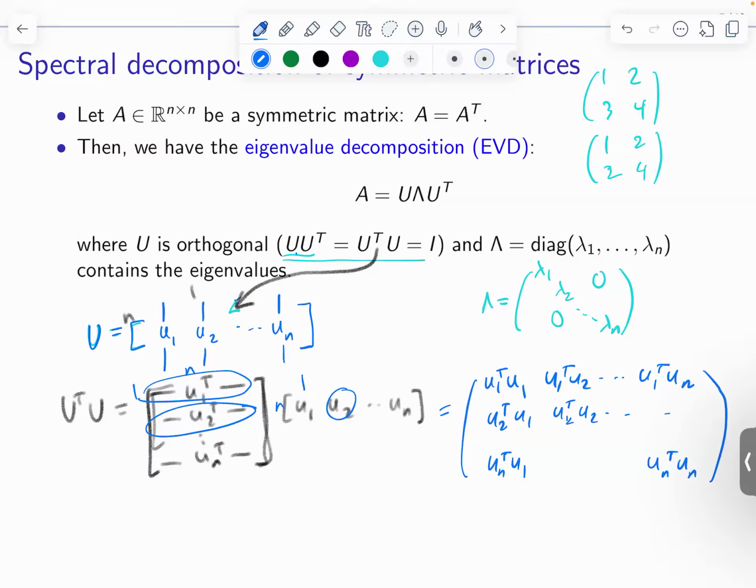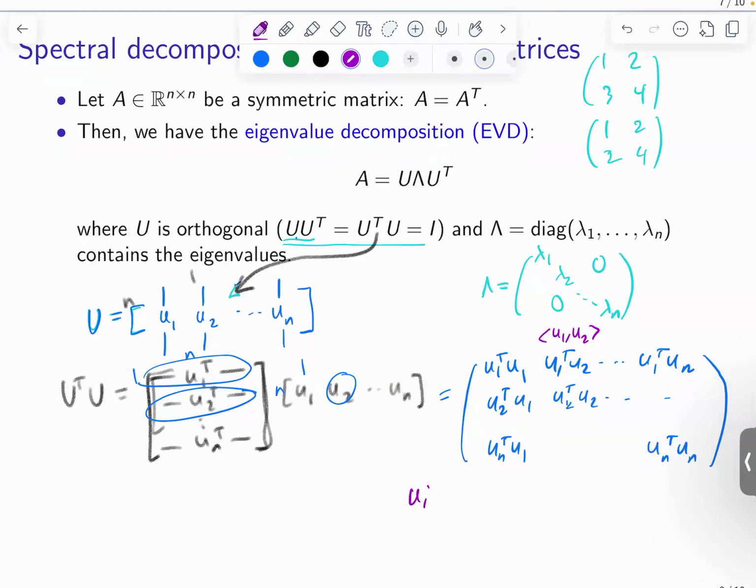And you can see that these elements are inner products of the columns of U. You remember, this is how you represented inner product. So this is, for example, U1 inner product with U2. And this matrix being equal to identity means all the off-diagonal elements are 0. So what it means is that Ui is orthogonal to Uj if i is not equal to j.